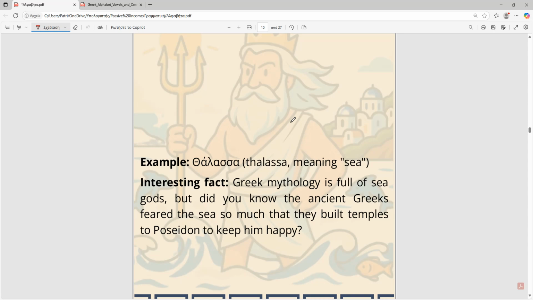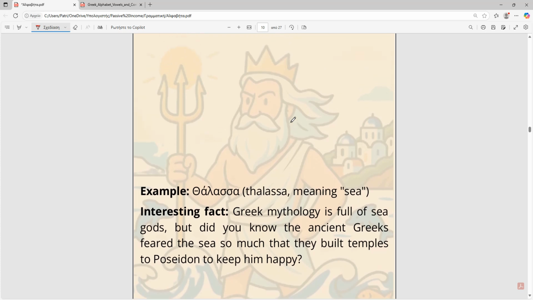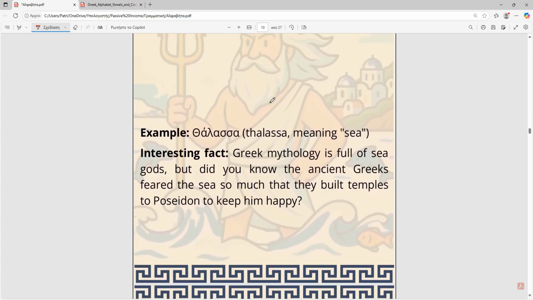Back then, we had the 12 gods of Olympus, and one of the 12 gods was Poseidon, the king of the sea, the god of the sea. Let's say that the Greeks honor all the Greek gods, and especially Poseidon, because Greece is related to the sea. We have a very close connection with the sea.